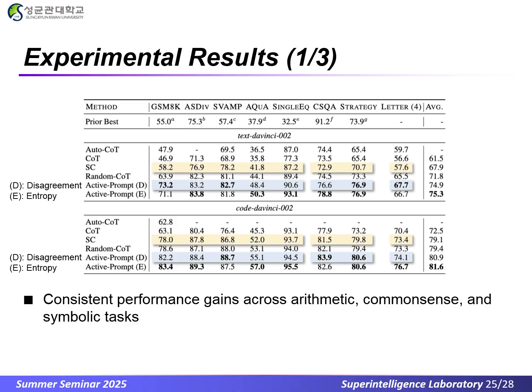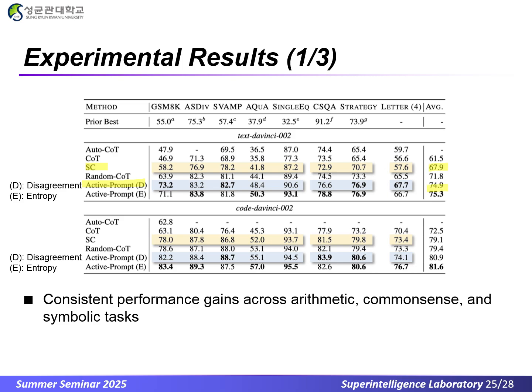Notice that the blue bars for active prompting exceed the yellow bars for self-consistency in almost every column. On Text DaVinci 002, the average accuracy jumps by 7.0 points, from 67.9% to 74.9%.